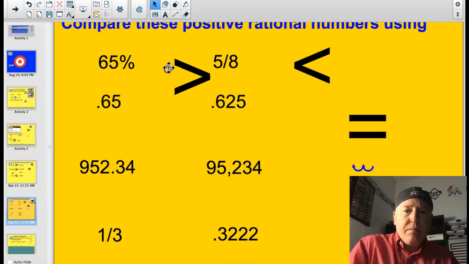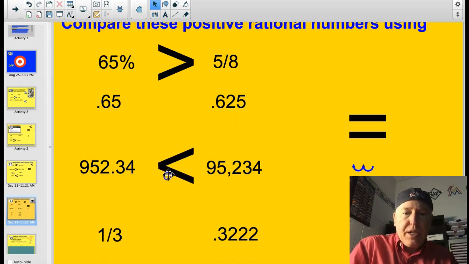Well, 65% is bigger than 5/8 because 0.65 is greater than 0.625. This is 65 cents, 62 cents. This one here, 95,234 is bigger than 952. Did you read that as a decimal or a comma?